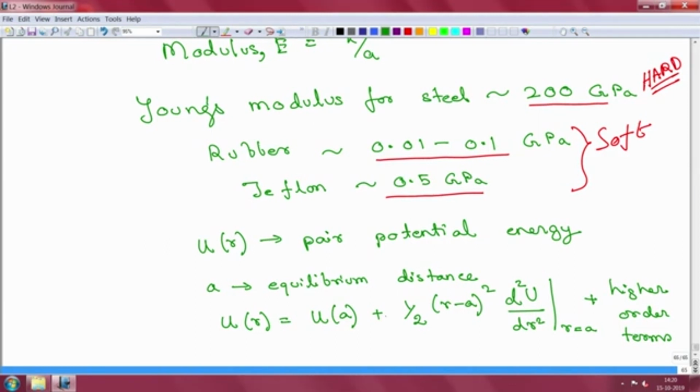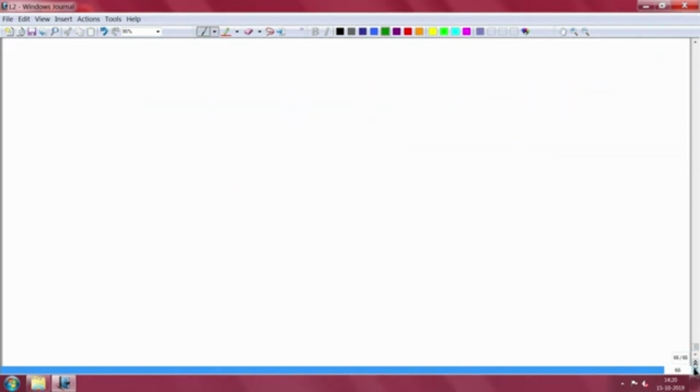Right. So, the first derivative does not appear because a is the equilibrium distance. So, U has a minimum at r equal to a. Okay.